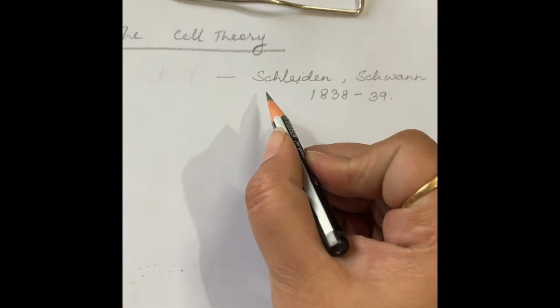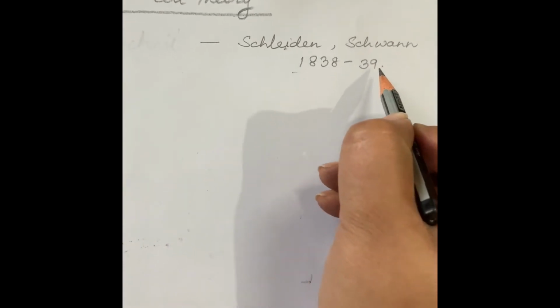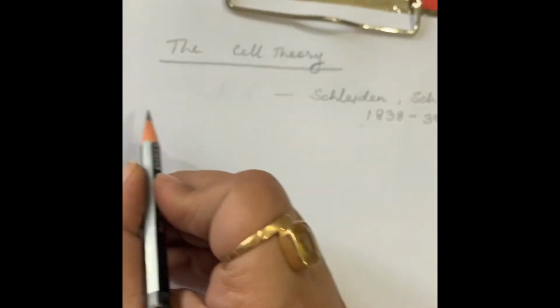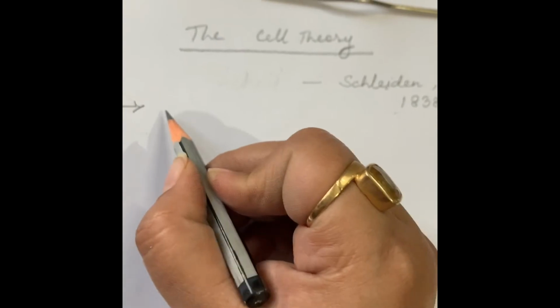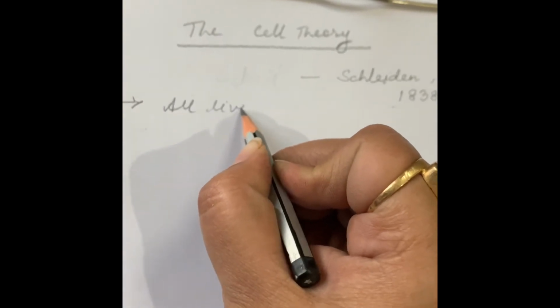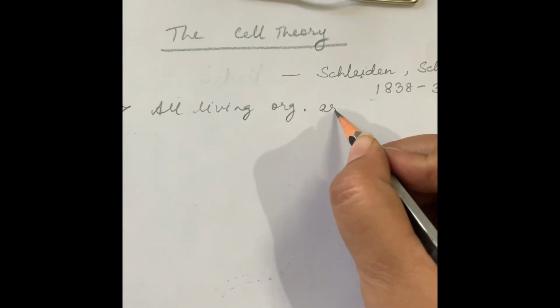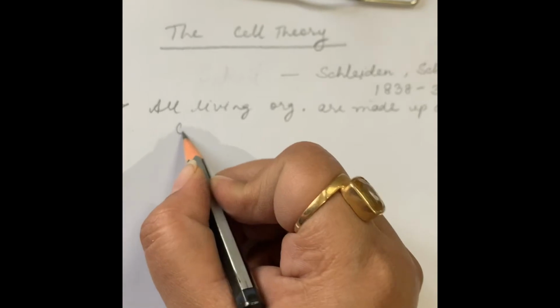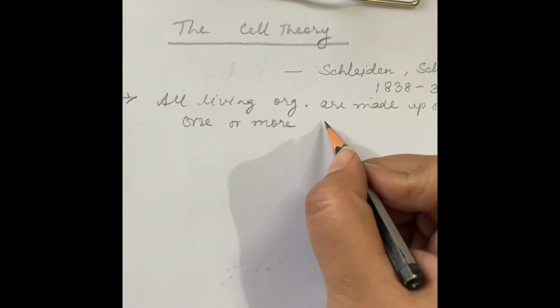So these are the few points of the cell theory. The cell theory was given by two scientists, Schleiden and Schwann, in the year 1838-39. Now in this theory, the first most important point was all living organisms are made up of one or more cells.